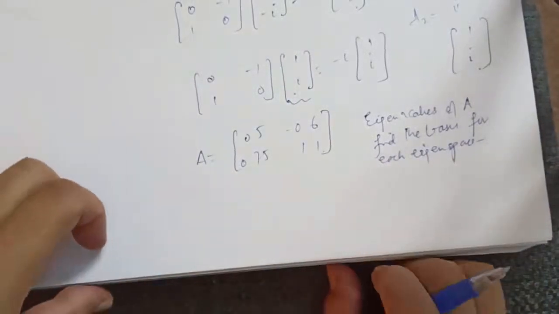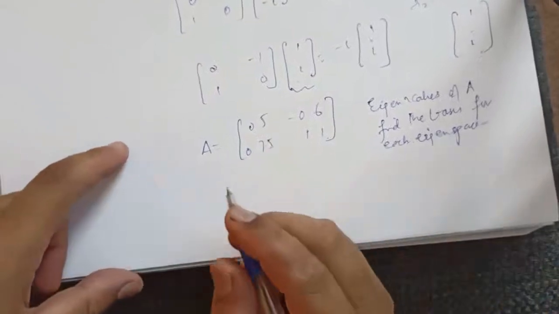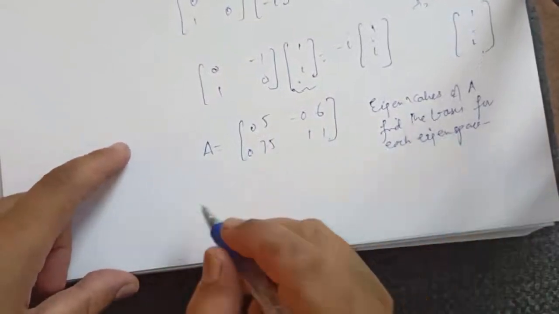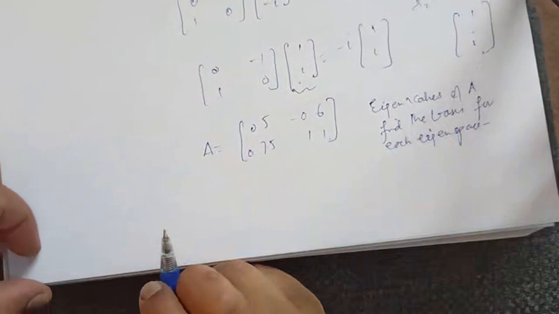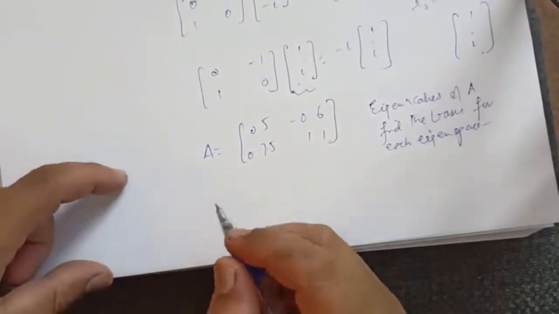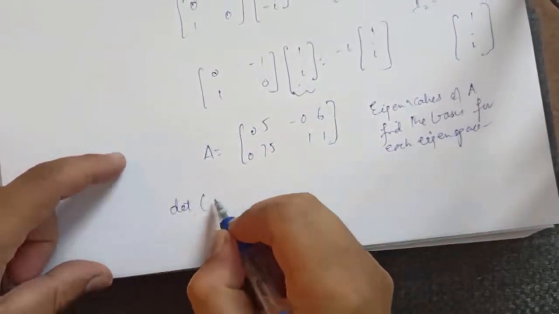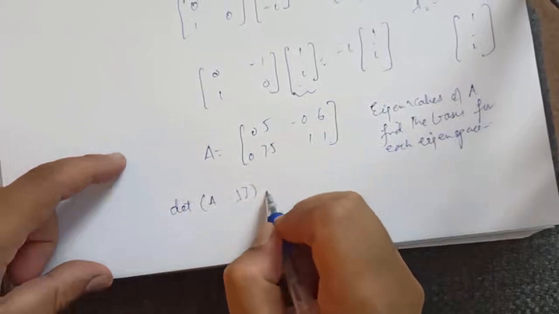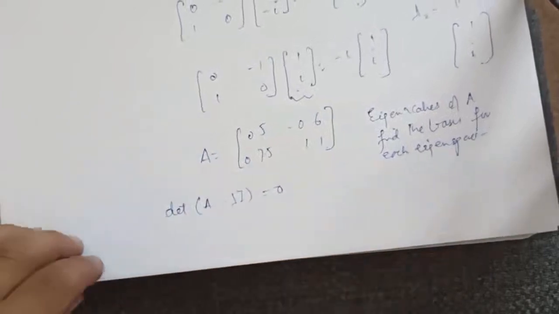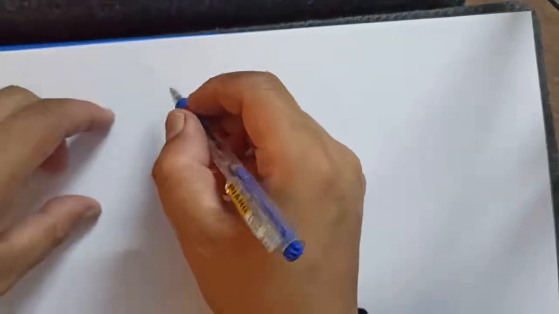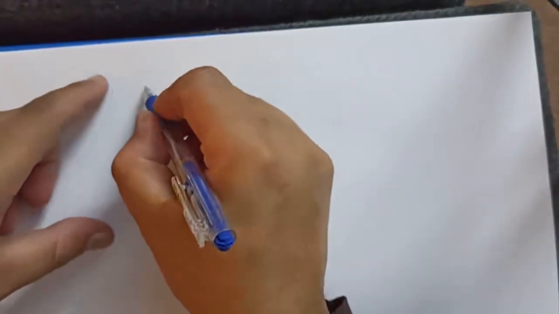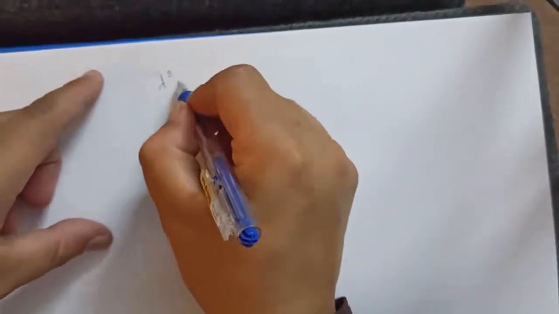Now, to find the eigenvalues, what we first have to do is calculate the characteristic equation, which is nothing but determinant of A minus lambda I equals 0. When you do that, it's quite easy, right?